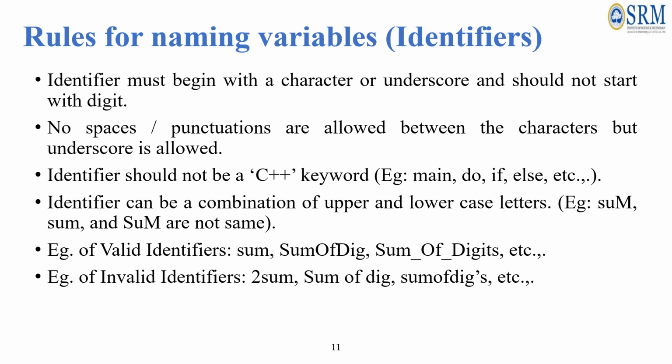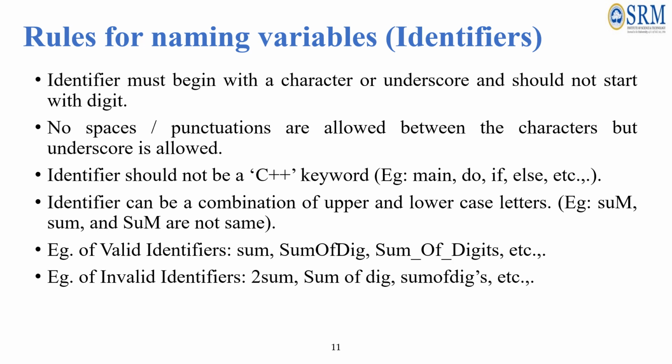What are the rules for naming variables? The names given to variables are termed identifiers. These identifiers have certain rules, or naming conventions. The main rule is that identifiers should begin with a character or underscore, and should not start with a digit.